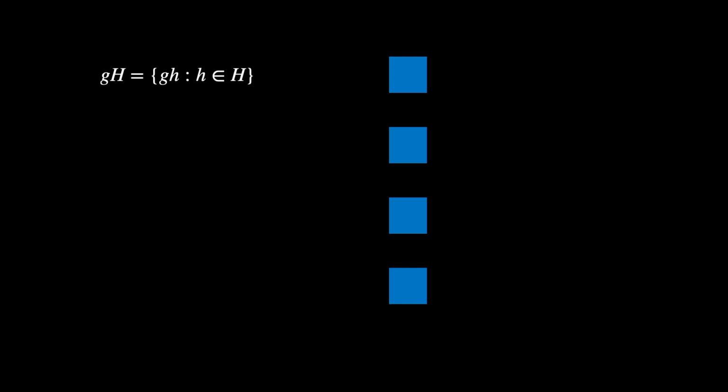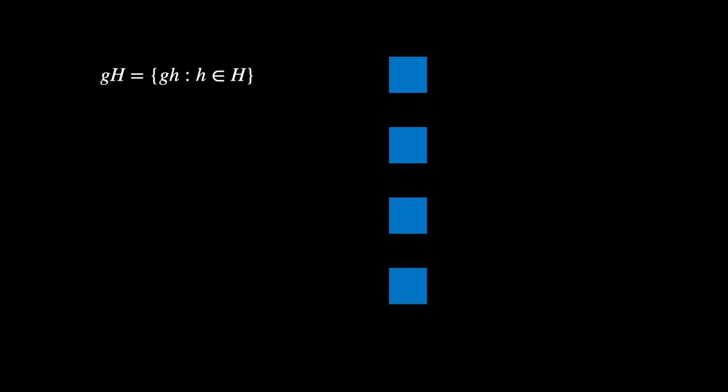A coset is just an element of G which is multiplied by every element of H. So say H is like H1, H2, H3. It's just the set G times H1, G times H2, G times H3, and so on.